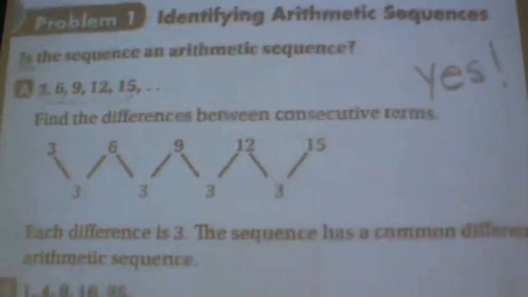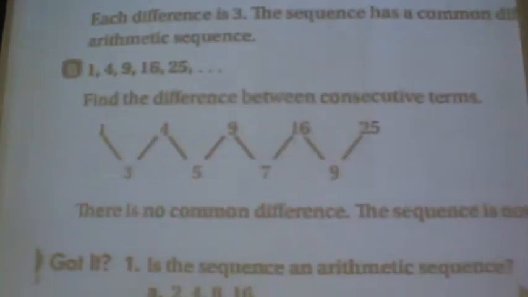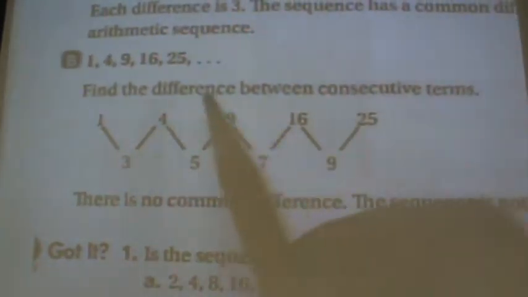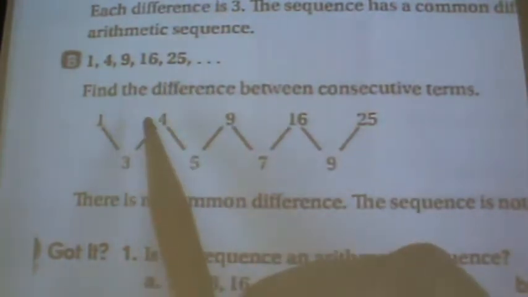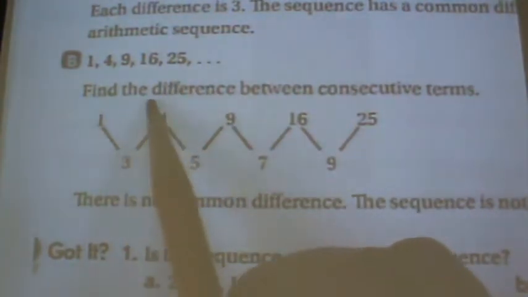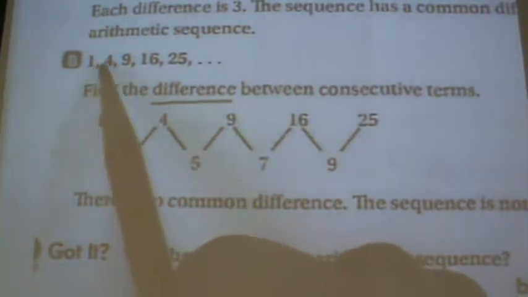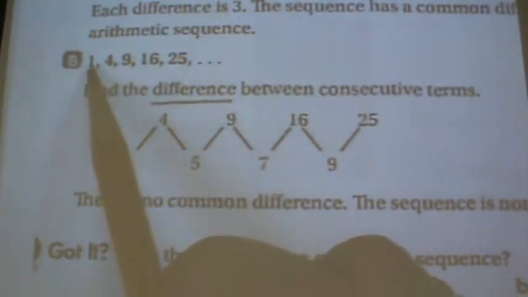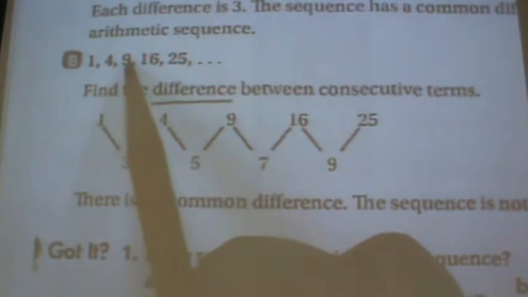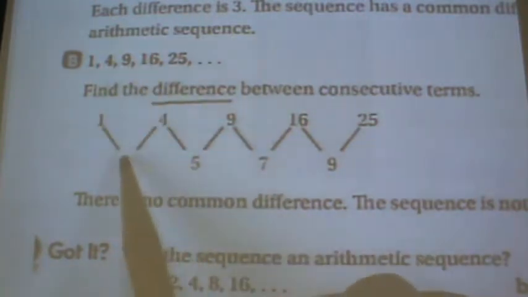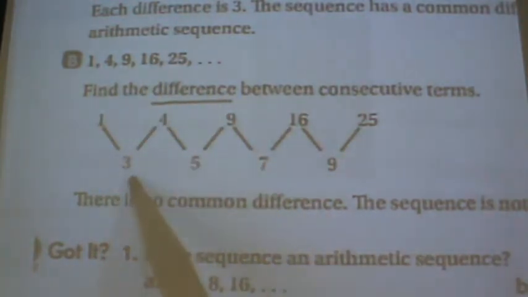Yes, it is. How about B? You've got 1, 4, 9, 16, and 25. Do you see a common difference? Meaning, can you add or subtract a number that's the same from the first term to the second term to the third term to the fourth term? No, you can't, because it goes 3, 5, 7, 9.